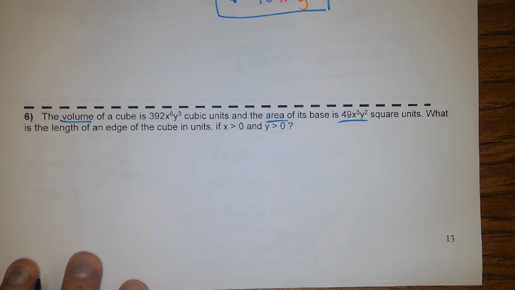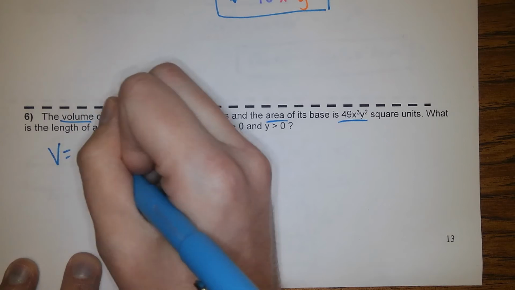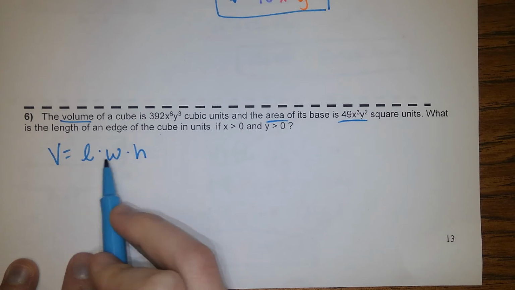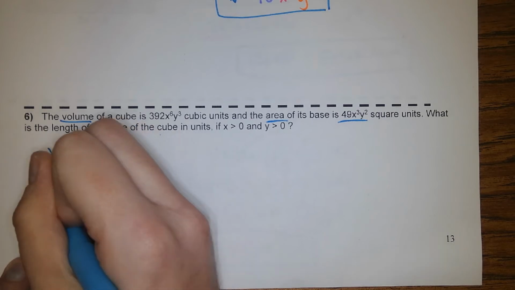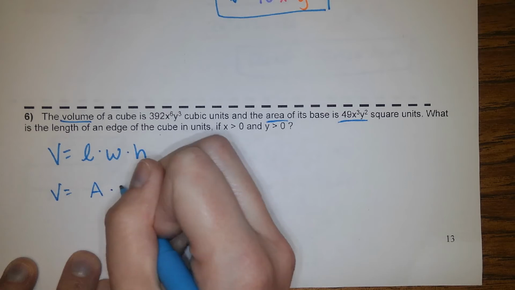So let's take a look at this. So we know that the volume is equal to length times width times height, right? And we know that the length times width is really the same thing as our area. So we can say area times height, right?